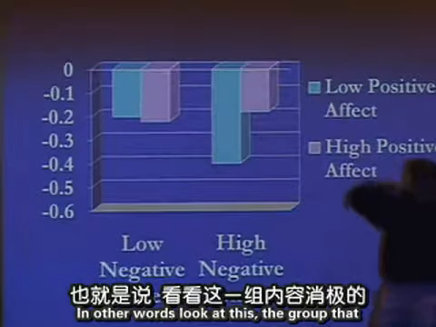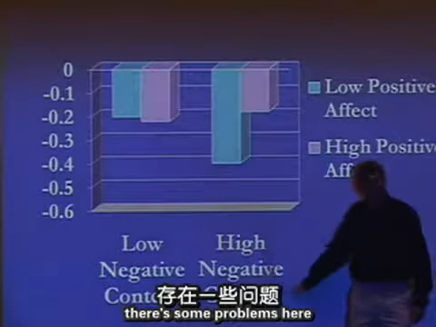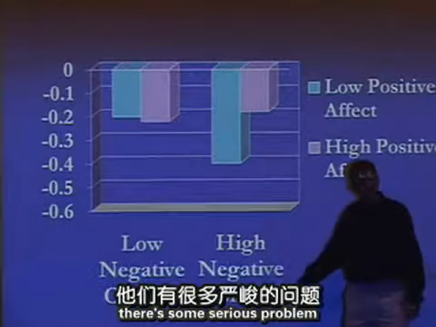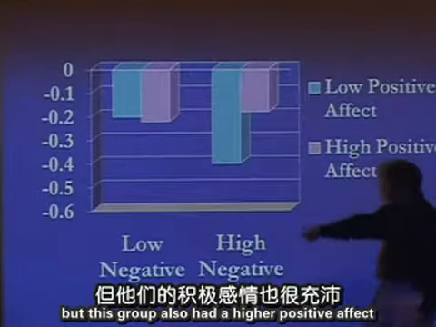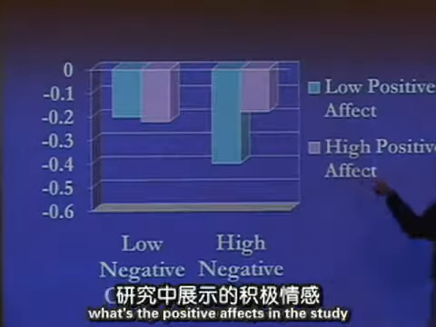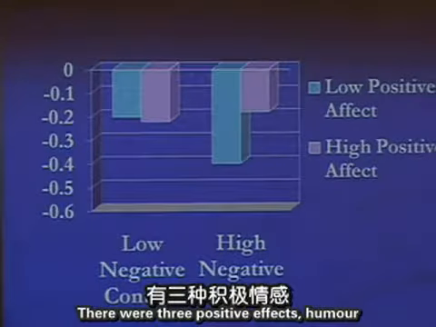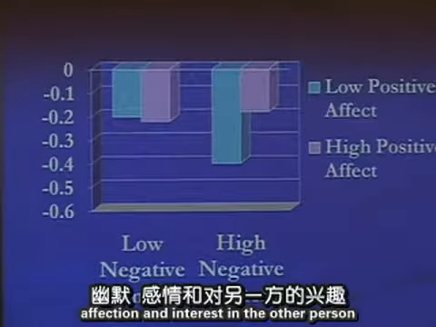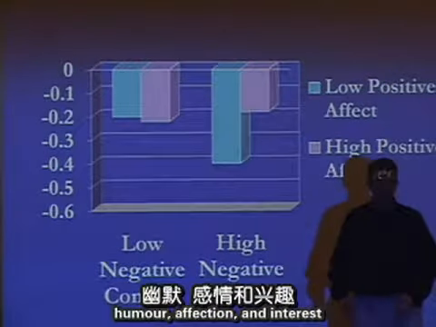In other words, look at this. The group that had a lot of negative content, in other words, they said, look, we have some serious problems here, and we need to talk about them. But if this group also had high positive affect, what is positive affect in the study? There were 3 positive affects: humor, affection, and interest in the other person.